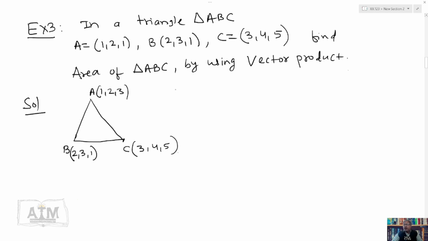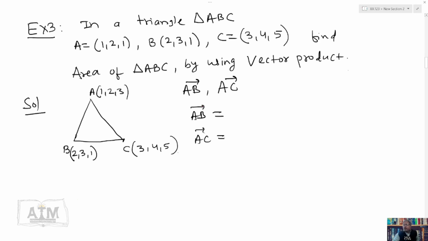That is, we select vector AB and vector AC, since A is common to B as well as C. So we find vector AB and vector AC.